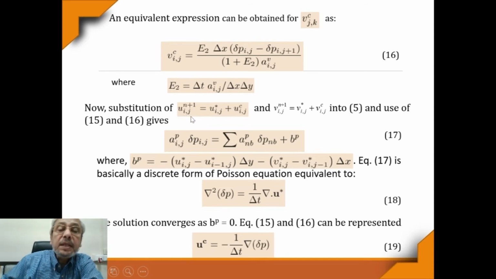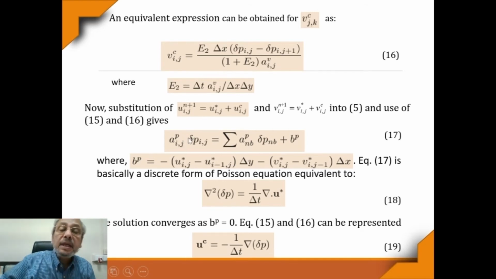Similarly, u_i-1,j at n+1 and v_i,j-1 at the level n+1 will be substituted by the corresponding starred and correction terms. Then from there we get equation 17, which is an equation for pressure correction.